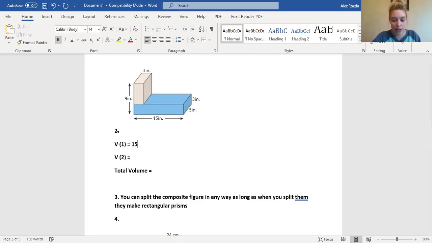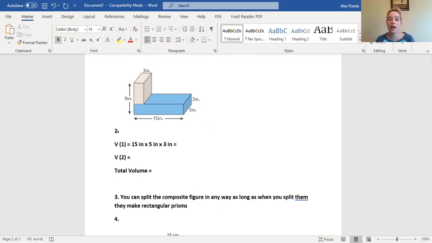So I have 15 inches times my width, which is going to be 5 inches, and my height is going to be 3 inches. Okay, and I can multiply those values together. 15 times 5, I'll get a value of 75.